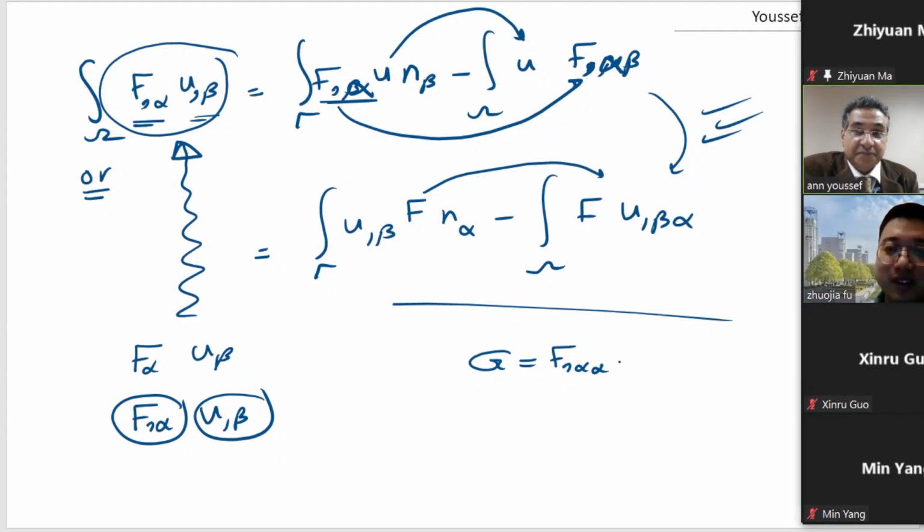Okay? Yes, I think if you're using the dummy index, then 2D, 3D all become very simple. One equation, one expression. Yes, true. But if you use it, you should be very careful.